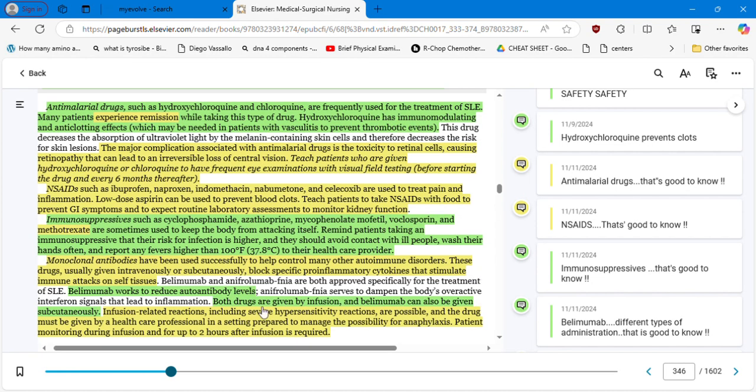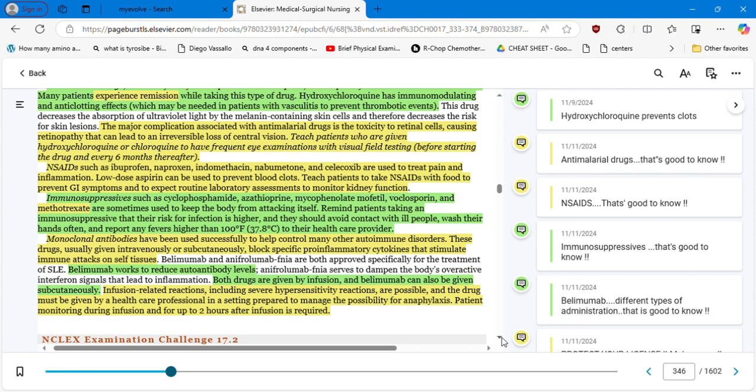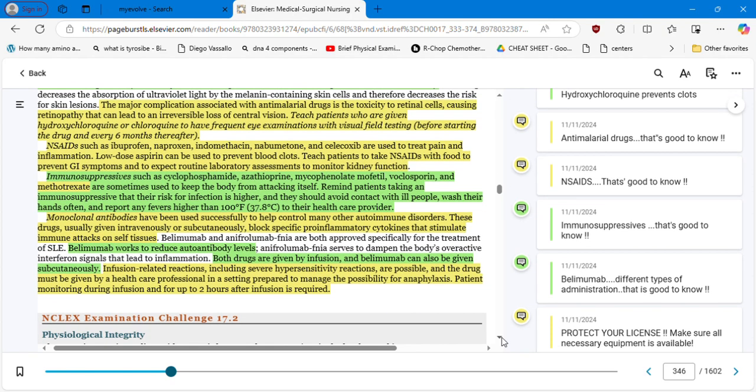Now we also have the monoclonal antibodies, very successful with this type of autoimmune disorders. These drugs, usually given IV or subcutaneously, block specific pro-inflammatory cytokines that stimulate immune attacks. The one that I want you to remember is belimumab, because this medication can be given by infusion and also subcutaneously, so you don't need to be in the hospital.